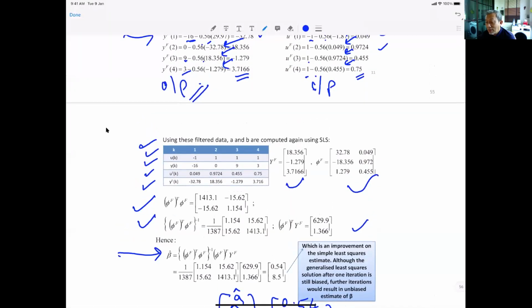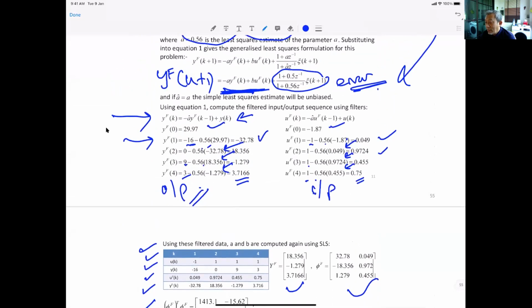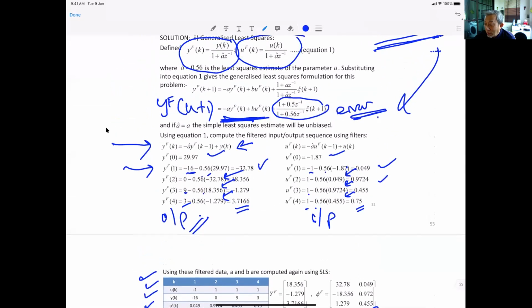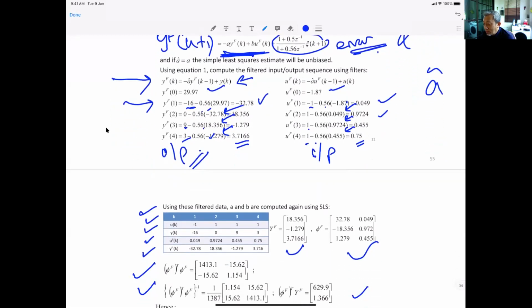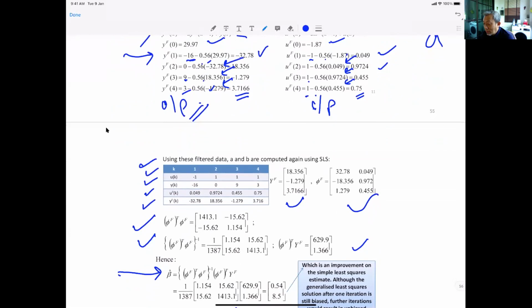Okay, so kalau you lihat pada formula, let me share again. Kita tak pakai beta, so you boleh lihat sini dia banyak kan, 0.56, 0.56 kan. So kita gunakan A cap. Beta tu nanti kita banyak guna masa kita kira least square filtered tu nanti.